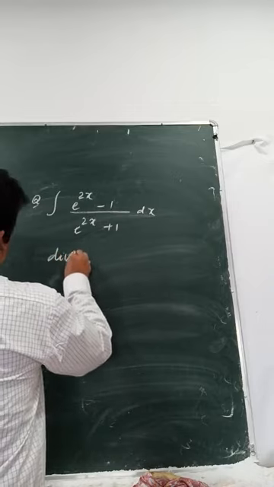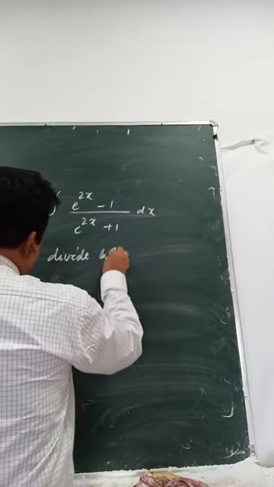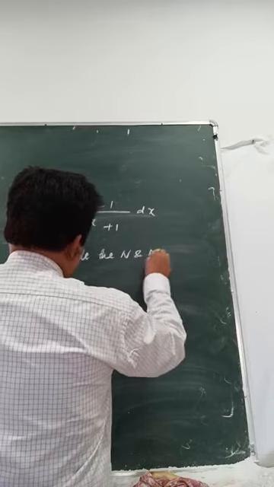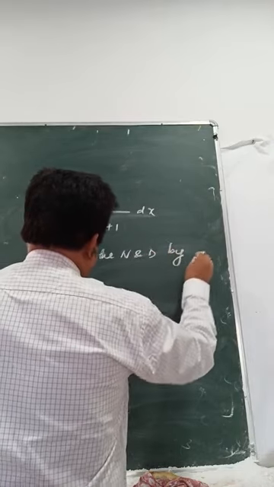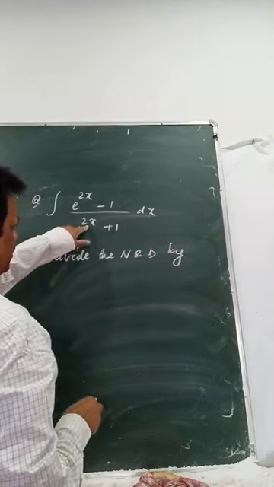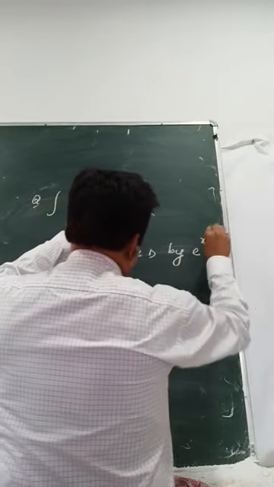Divide the numerator and denominator by half of the power. The half of the power of e to the power 2x is e to the power x.